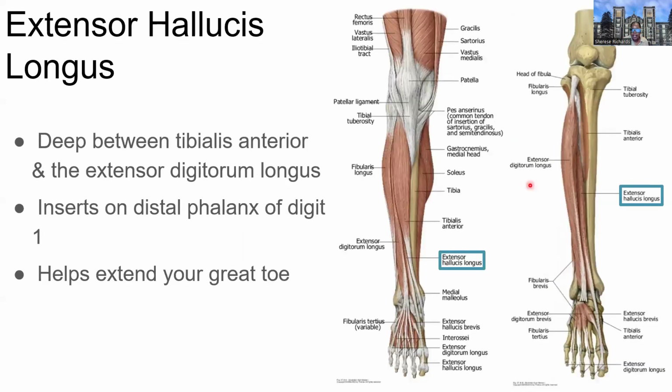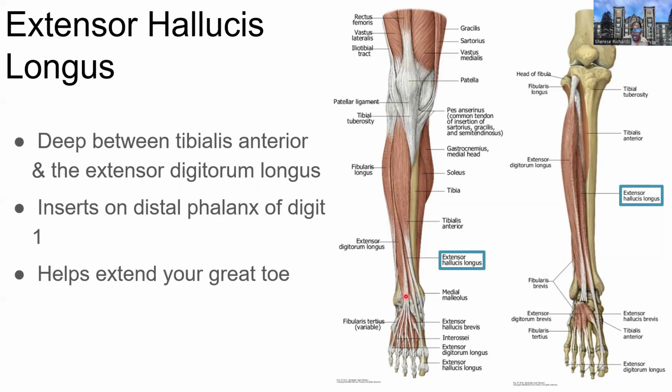Deep between the tibialis anterior, we have the extensor digitorum longus. So here's extensor digitorum longus. And notice how, because this has the word digitorum in it, it's going to the 4 lateral digits. You can see the tendons splitting off, one common muscle, but the tendons splitting off to insert separately onto the 4 phalanges.